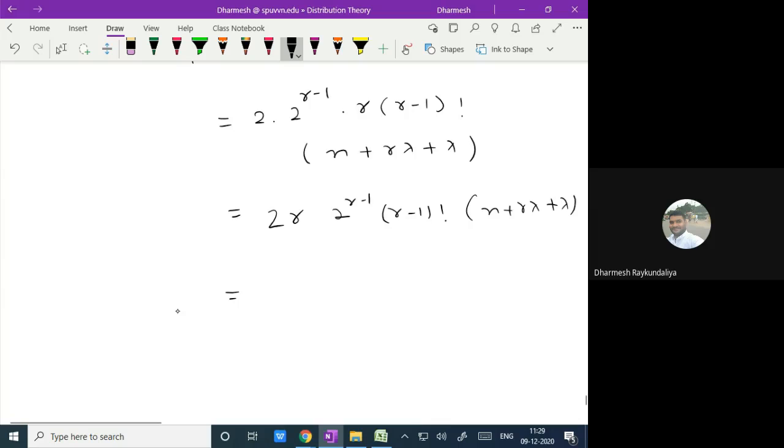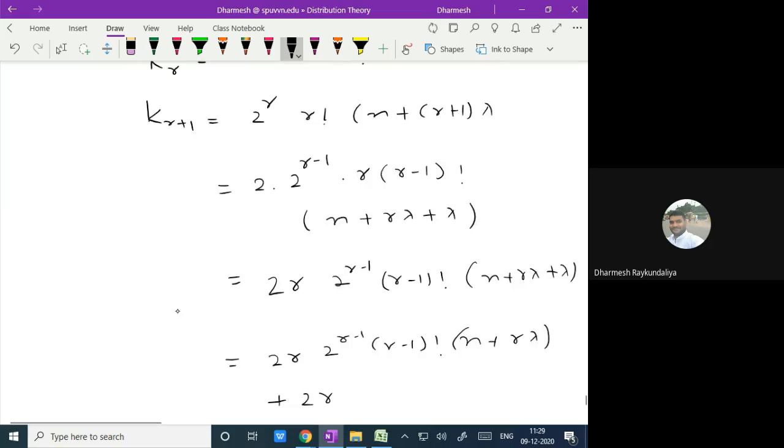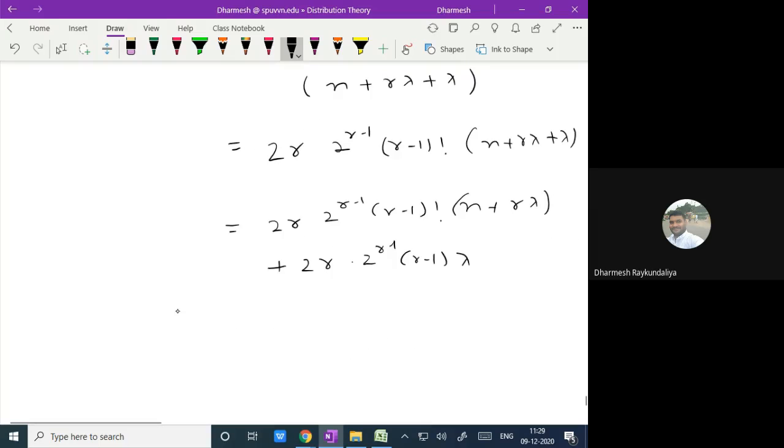So can I write 2r multiplied into 2 raised to r minus 1 factorial, n plus r lambda, plus 2r into 2 raised to r minus 1 factorial lambda.